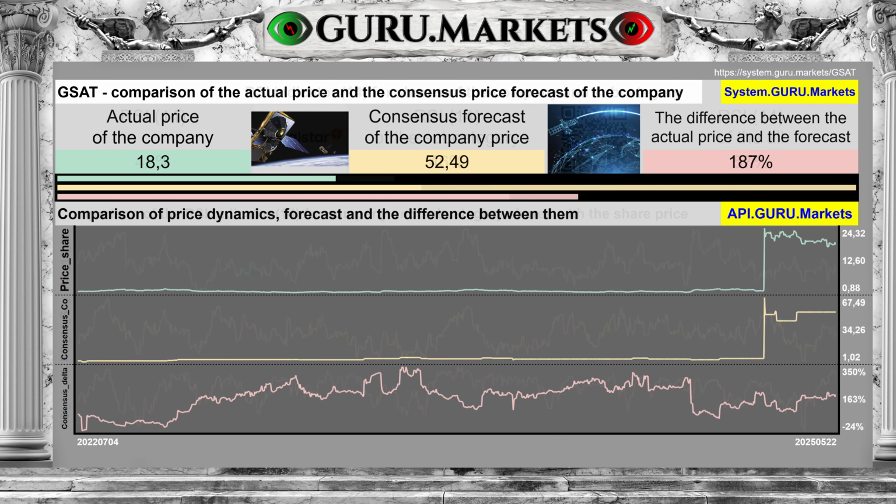The actual valuation of the company's shares is approximately $18.30. The consensus price target for the company's shares is approximately $52.49. The difference between the current price and the consensus forecast is approximately 187%.